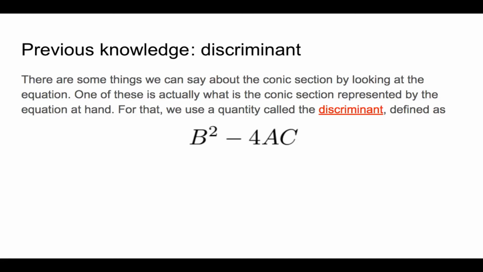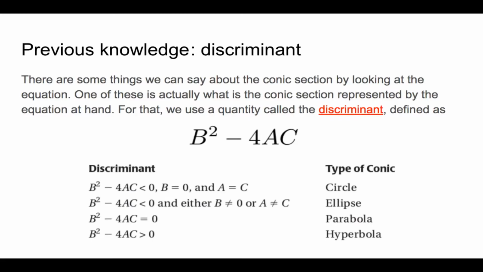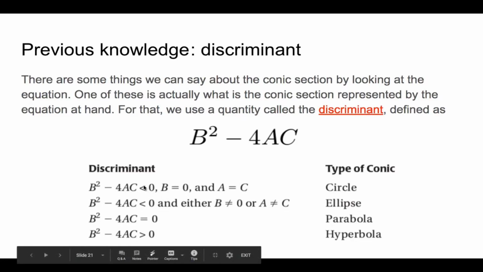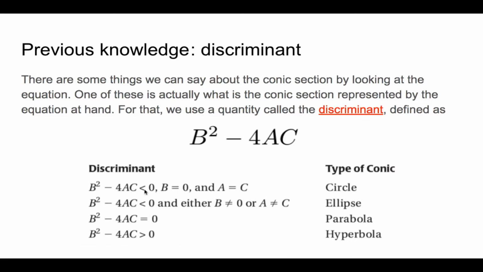The discriminant is a quantity defined to be b squared minus 4ac, where a, b, c are the same coefficients in the general equation. And we tell what type of conic we have depending on the sign of this discriminant. If it's negative, it can be a circle or an ellipse.